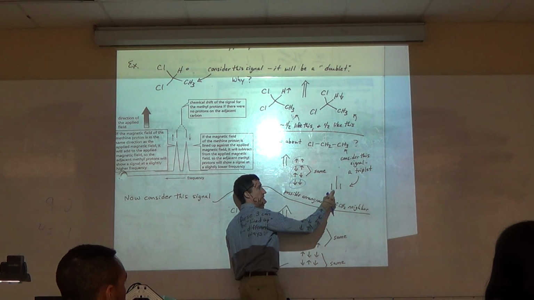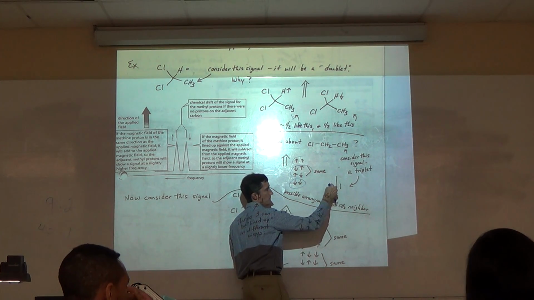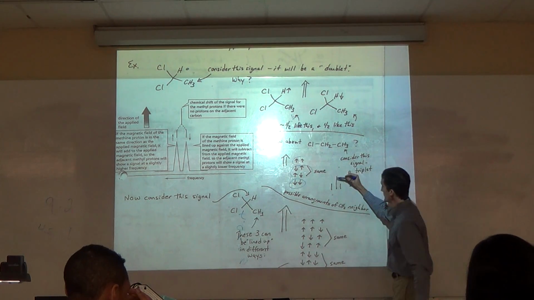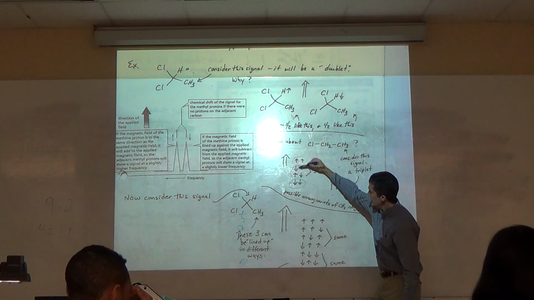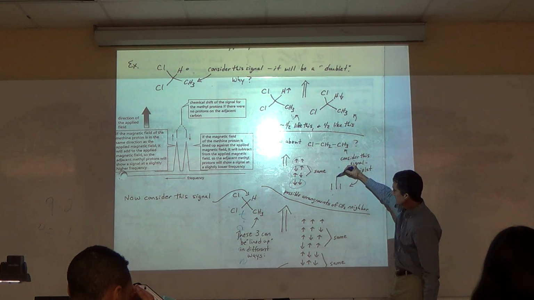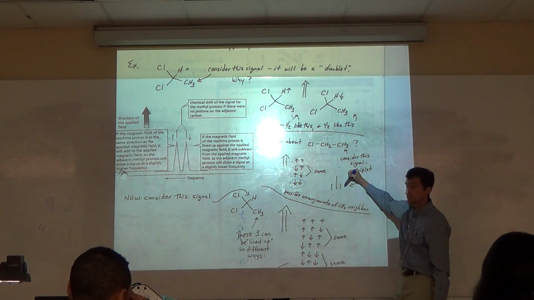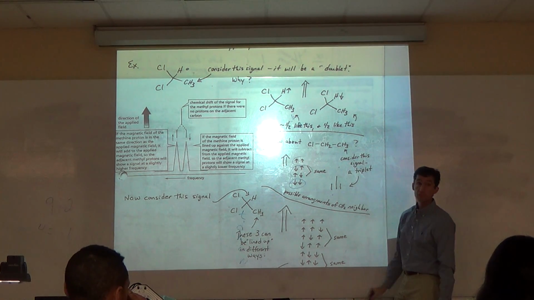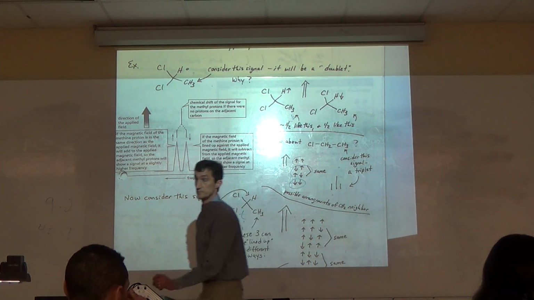Important, the triplet has line length short, tall, short, because the center possibility is twice as likely, and so that signal is going to be stronger than the two on the side. So it's really three signals, but we call it a triplet signal.